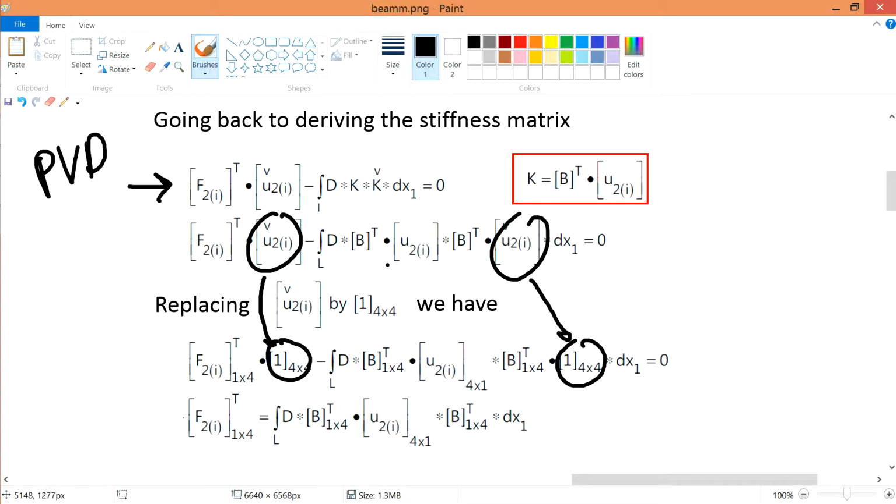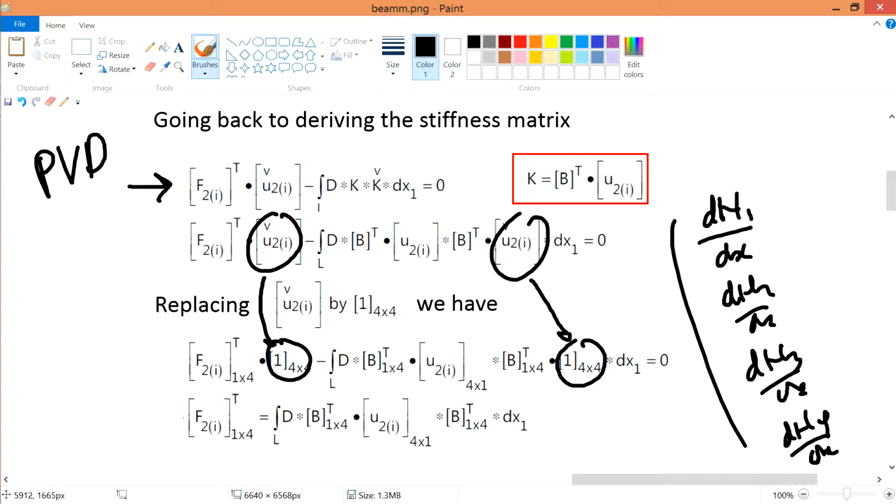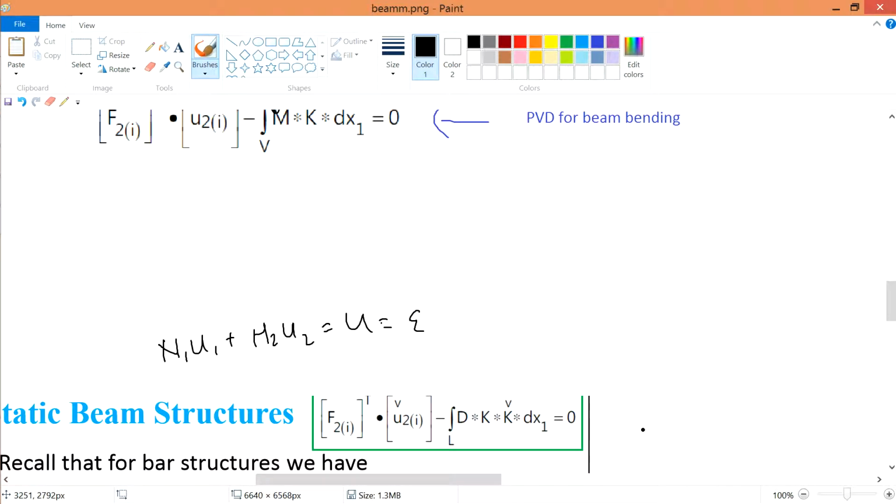Then your B transpose is 1 times 4, because you know that there are four strain displacement terms: dN1/dx, dN2/dx, dN3/dx, dN4/dx. This is your strain displacement, because you have 4 shape functions.